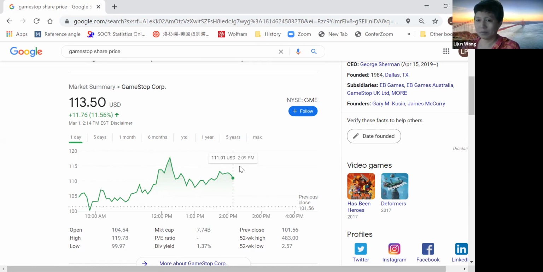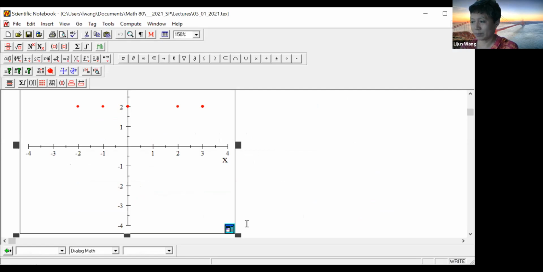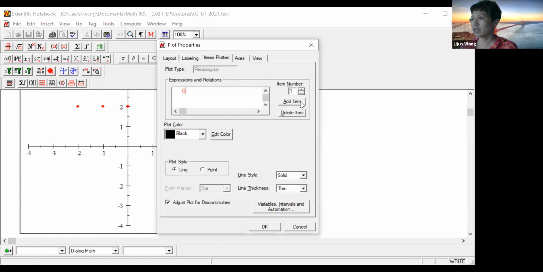Now, we know function now, right? Let's come back to our simple function. This is a constant function. What if we connect the dots?